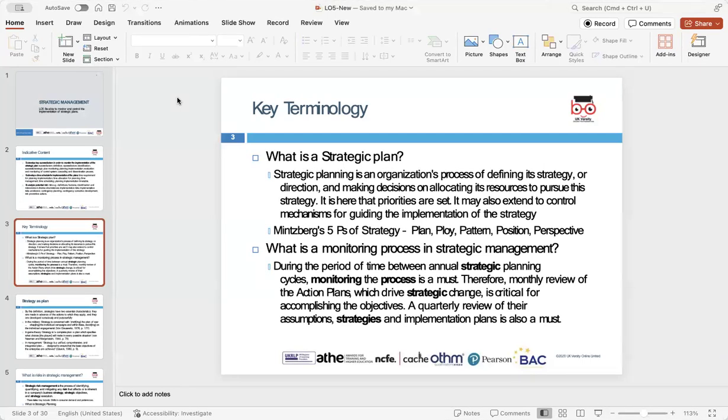The process of strategic planning ensures all priorities are established, and it often includes control mechanisms that guide the strategy implementation. In a sense, strategic planning provides a framework for decision making that aligns with the organization's long-term goals.